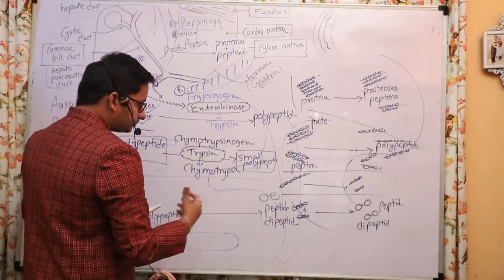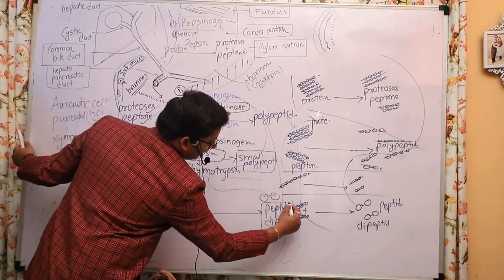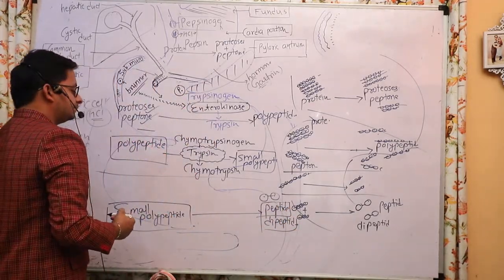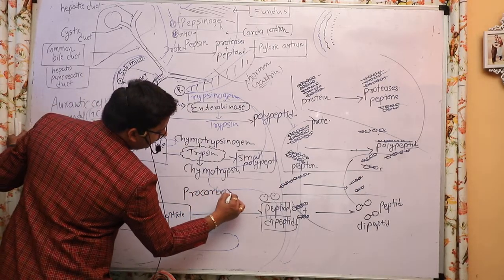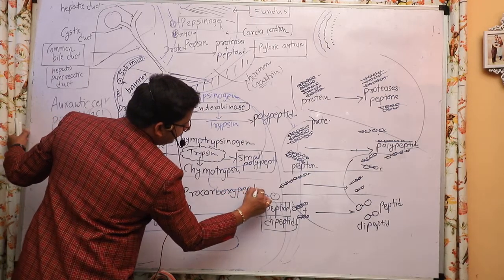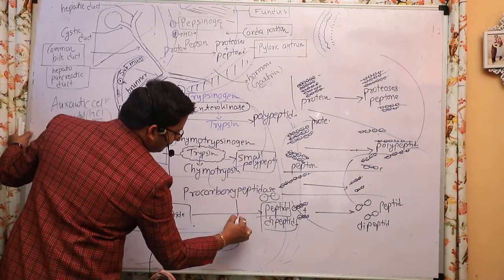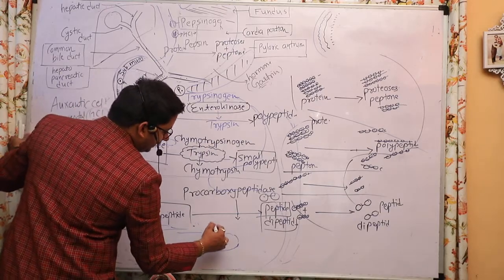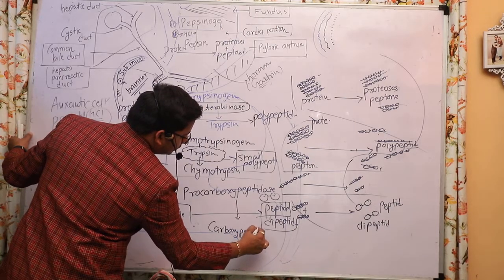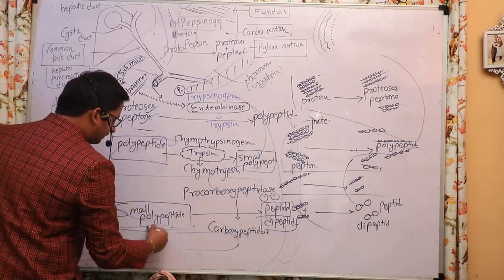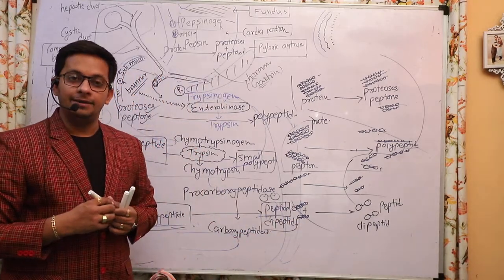How will this small polypeptide be converted into peptide or dipeptide? In the presence of procarboxypeptidase. When procarboxypeptidase converts into carboxypeptidase, at that time this small polypeptide will convert into peptide or dipeptide.